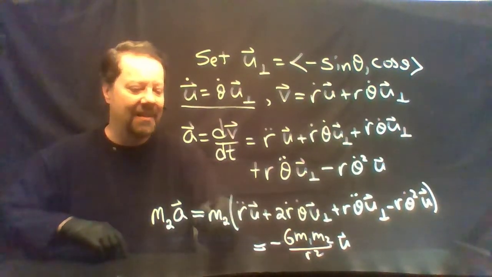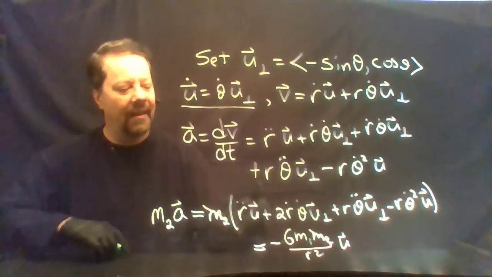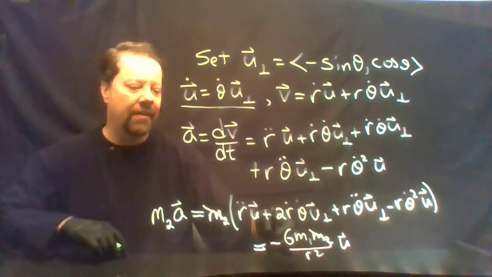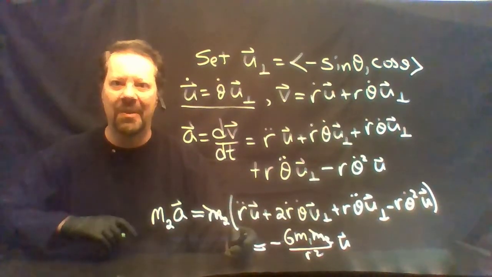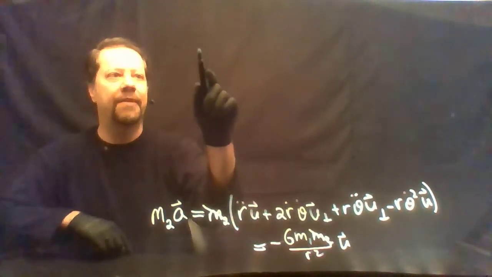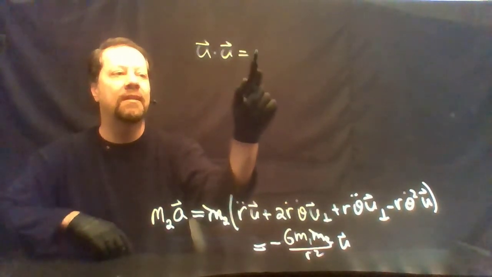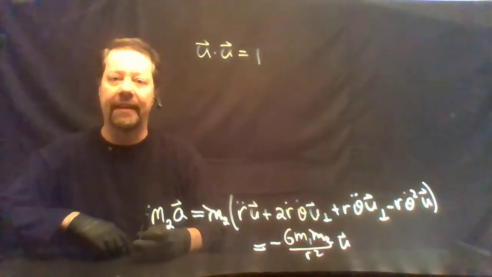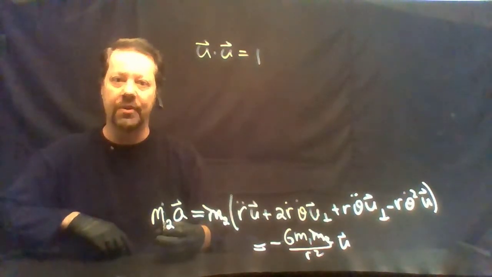You can see that the m2 will cancel off, and we have an equation involving both the vector u and the vector u perp. This notation will really pay off if we notice that, first of all, u dot u is 1 because u is a unit vector, and when you dot a vector with itself, you end up with the norm squared.